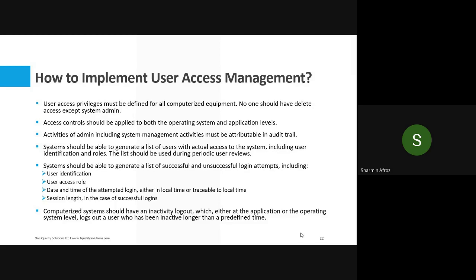The system should be able to generate a list of successful and unsuccessful login attempts, and it should include user identification, user access role, date and time, and session length. A computerized system should have an inactivity logout. There should be a system policy and password policy in place.